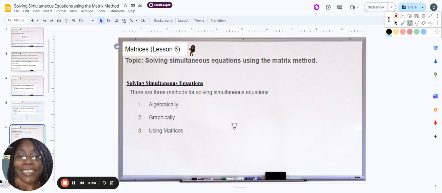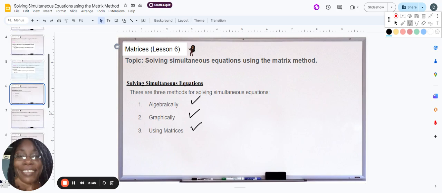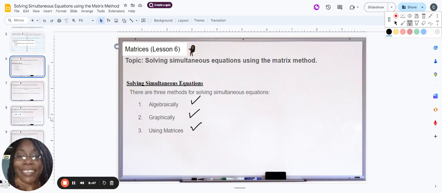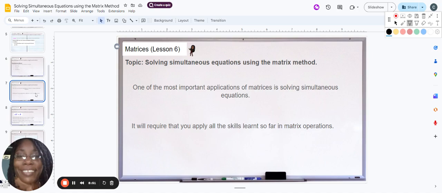So it can be solved using algebra, it can be solved using graphs, and they also can be solved using matrices. Obviously, this lesson will be teaching you how to solve simultaneous equations using matrices. All right, you can also take a note of this. Whenever you are note taking, you can pause the video and take your notes and then you dive in.